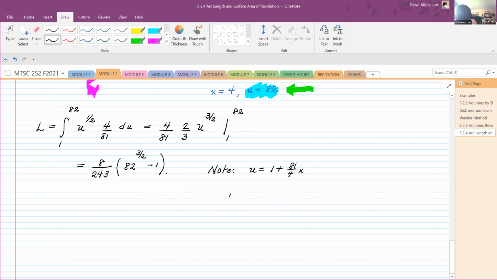So if x is 0, u is equal to 1 plus 81 over 4 times 0, which is equal to 1. And if x is 4, which is the upper limit, u is equal to 1 plus 81 over 4 times 4. Those 4s divide out. I get 81 and I get 82.